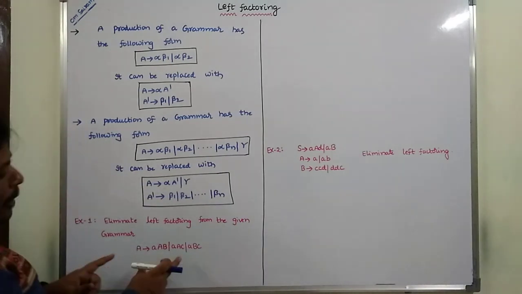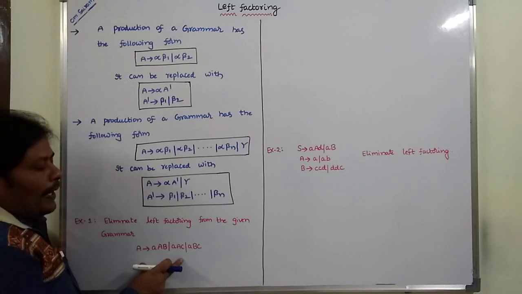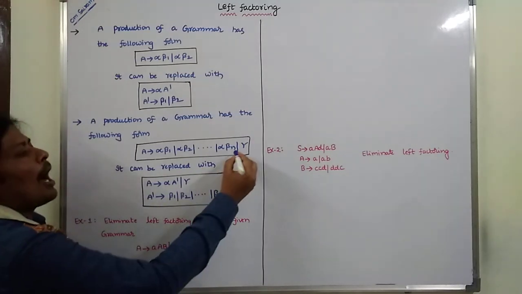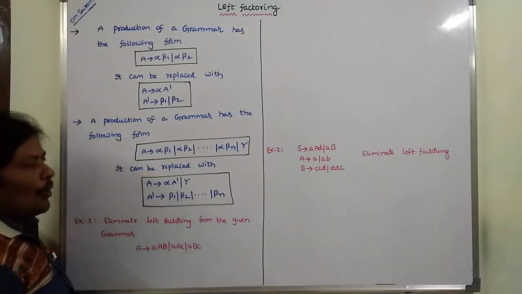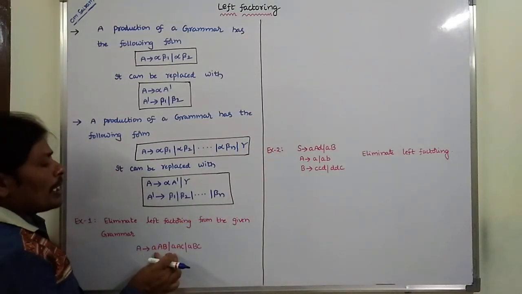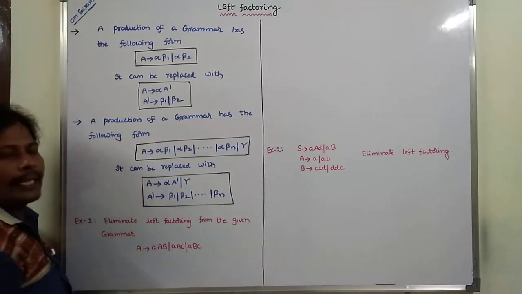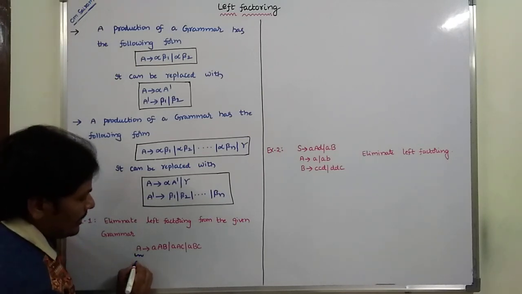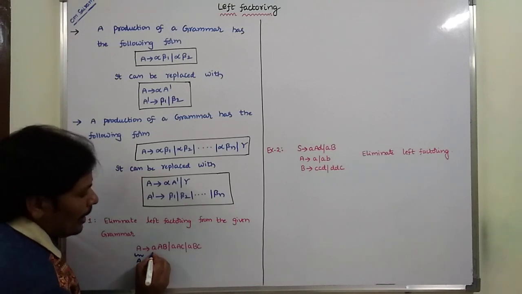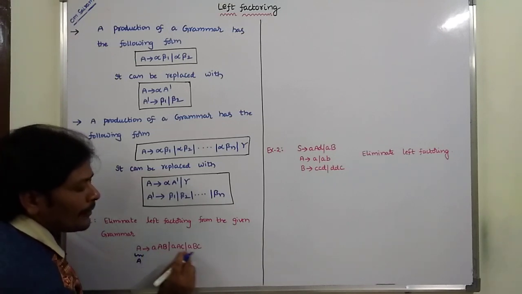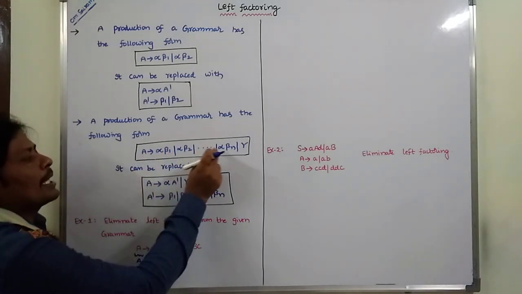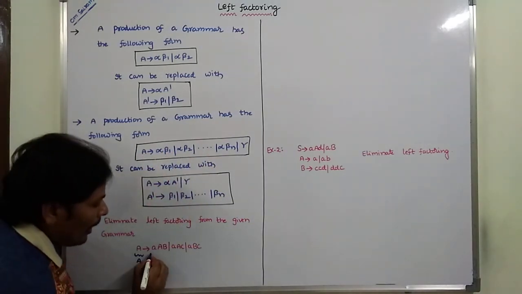Okay, so by observing this given production, the given production is in the form of this one. Now this production is compared with this production. Here this is A, and what is the common prefix? That is small a. The common prefix can be represented by alpha.